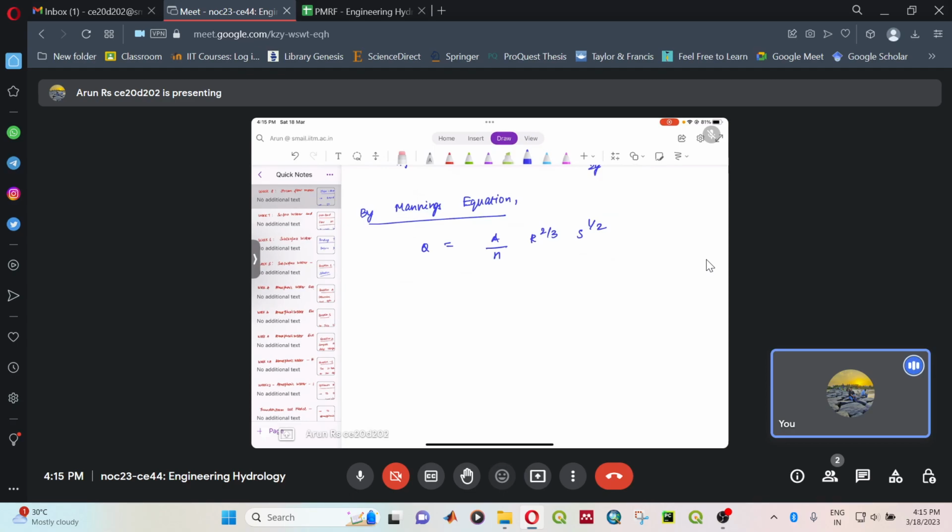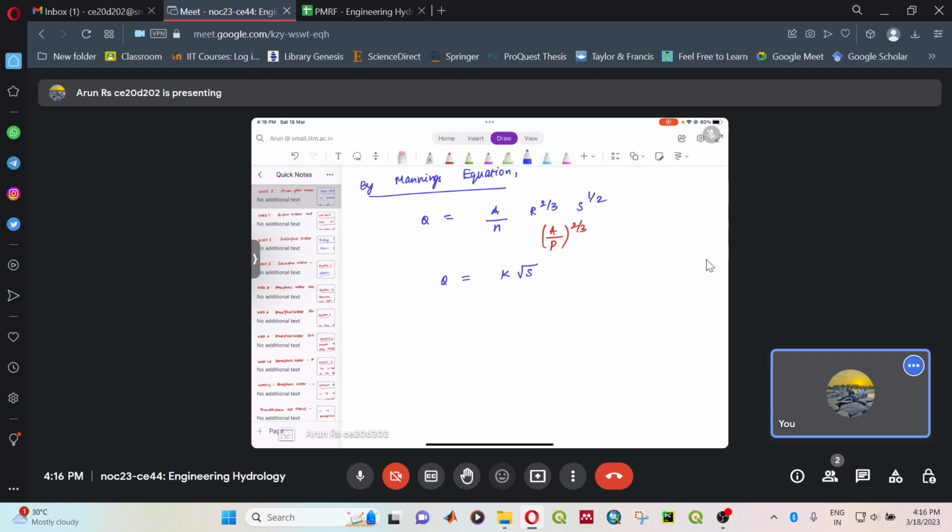In this, we can write R as A by P. If you see this equation, your area, your perimeter, and your Manning's coefficient, all three are constant. We can group them together and write them as a single constant term, which is represented by K. Here K stands for the conveyance of the channel.